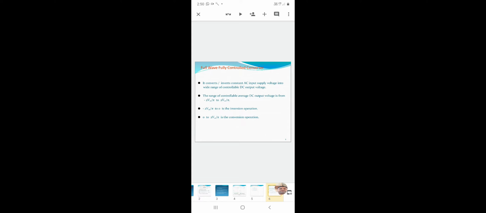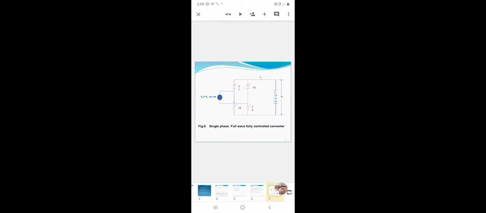A full wave control converter. This is the circuit diagram for full wave control converter. It consists of four thyristors. T1, T2 is one pair of thyristors, and T3, T4 is another pair of thyristors. The four thyristors are connected in the form of a bridge, and there is a source voltage Vs equal to Vm sin omega t, where Vm is the maximum voltage, sin is the sine wave, omega is the angular frequency, and t is the time.